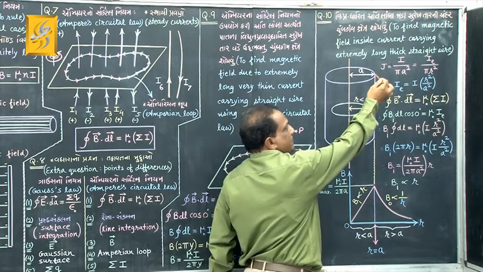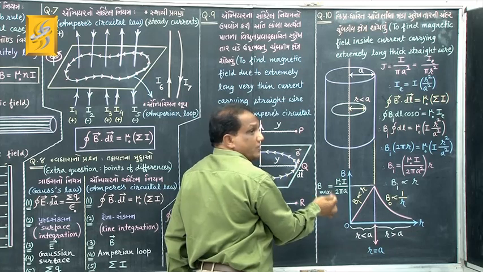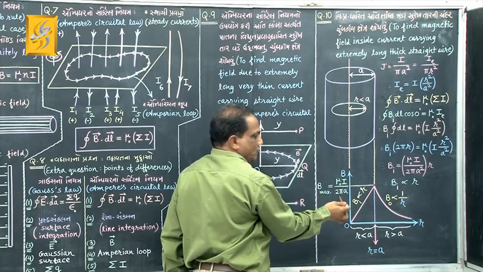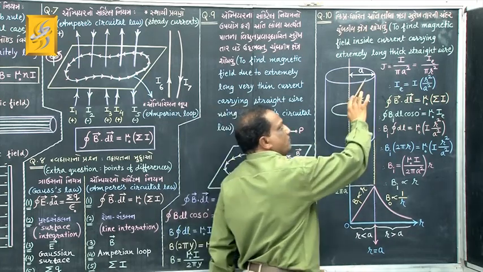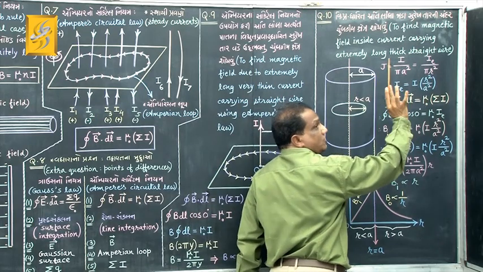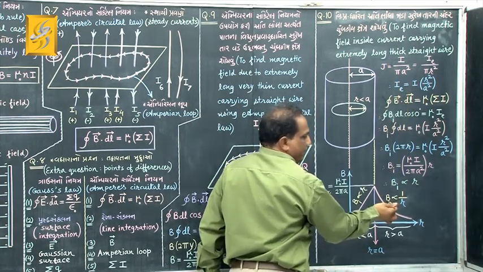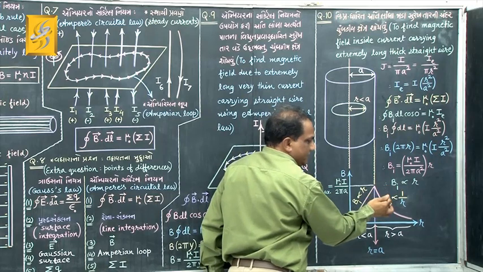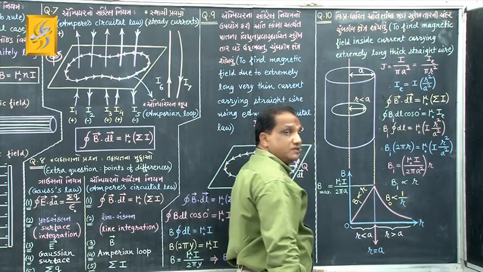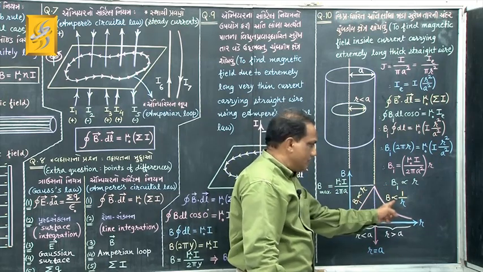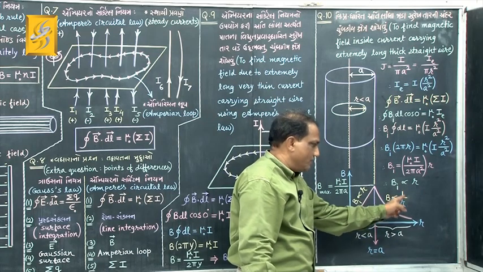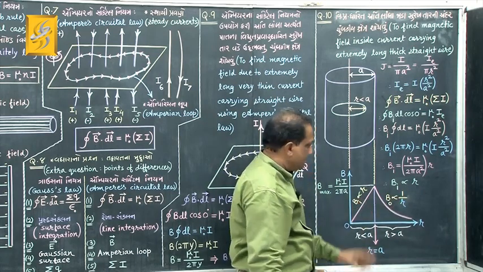But when you are on the surface, the maximum magnetic field you can expect is mu 0 I upon 2 pi A. And further, if you move, you will be moving outside the thick wire. At that time, the magnetic field at any outside point is decreasing with the increase in distance R, with this relation B O proportional to 1 upon R, got it.